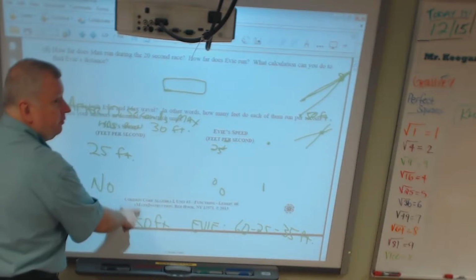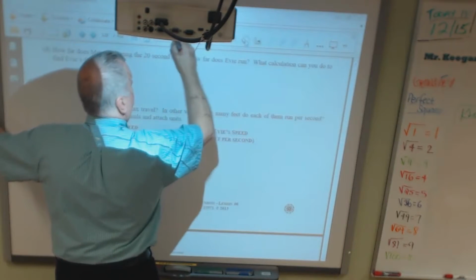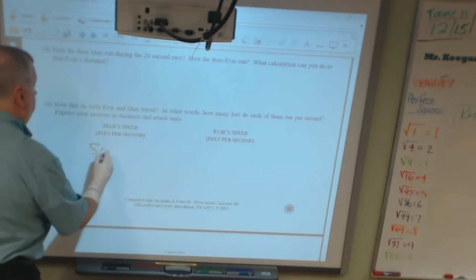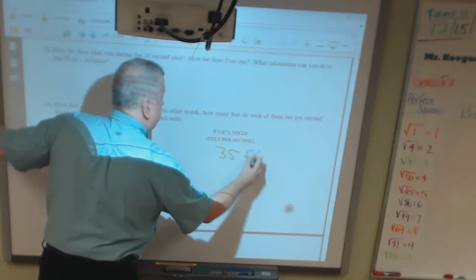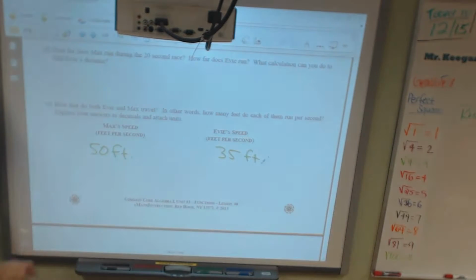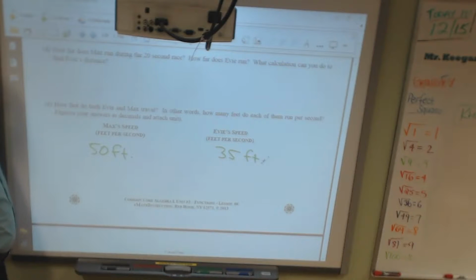So Max had run 50 feet. How many seconds did it take Max to run that 50 feet? 20.